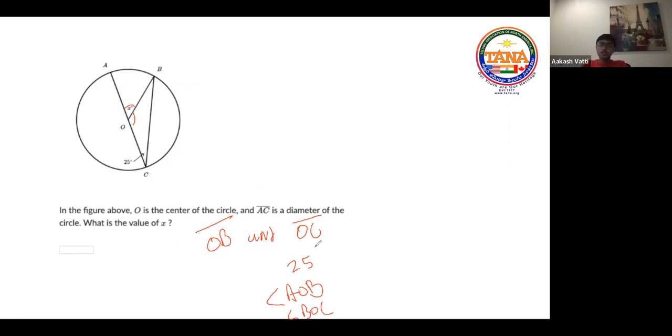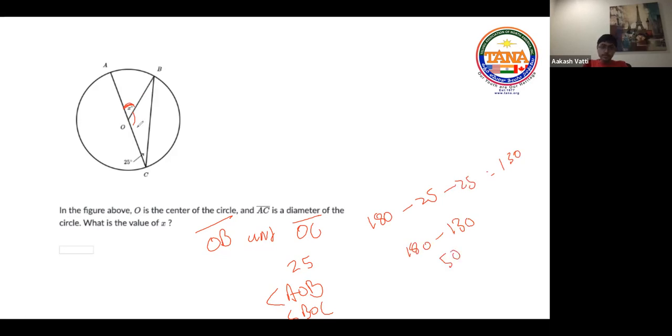Since there is 180 degrees overall, you subtract 25 degrees twice, and you should get 130 degrees as your measure of BOC. And to find the measure of AOB, the one we want to find, you do 180 minus 130 to get 50.